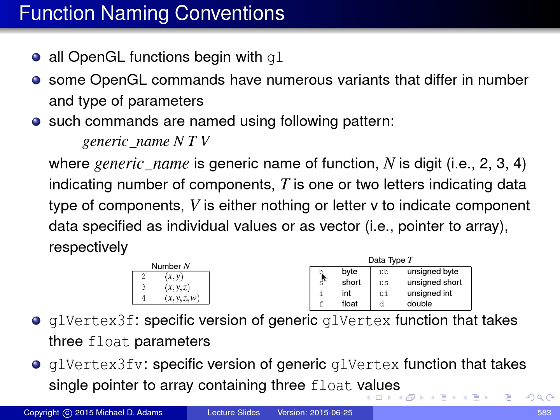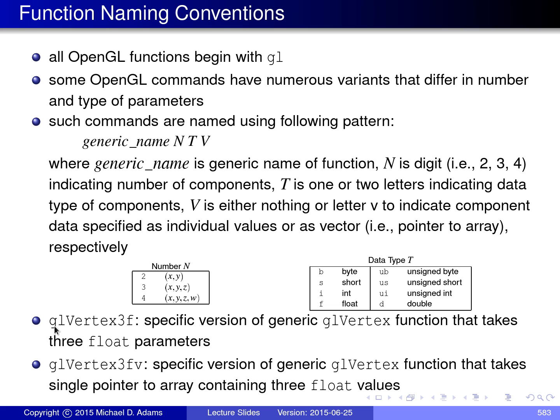For example, either they're bytes or shorts or ints or floats or unsigned bytes or unsigned shorts or unsigned ints or doubles. So these different combinations of letters indicate the type of the data that's associated with the generic command. And V corresponds to either nothing or the letter v in lowercase, which indicates whether or not the components are being passed in a vector, in other words a pointer to the array containing the data is passed, or whether the values themselves are passed.